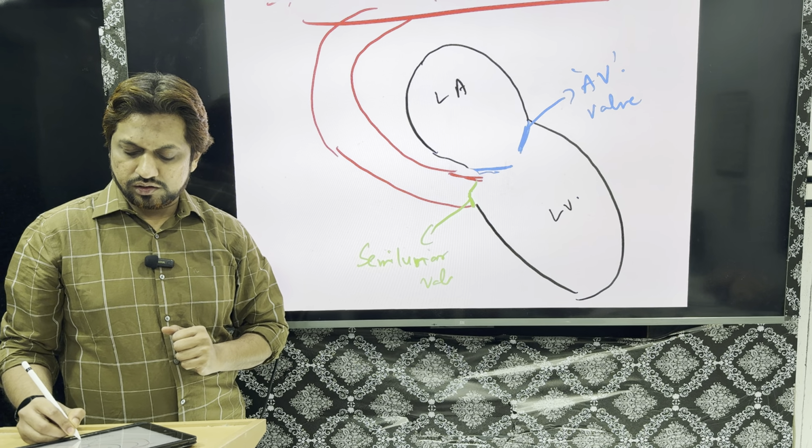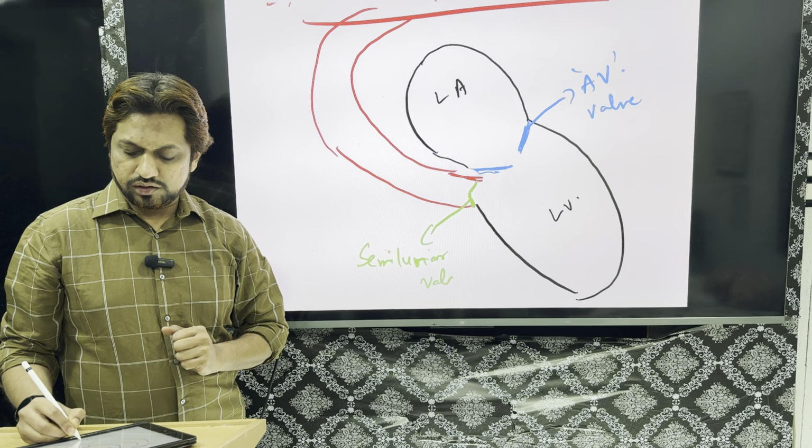Now in this isovolumetric contraction period, what happens is that after the atrial systole, the pressure in the left ventricle has increased. Because the pressure here is more compared to the atrium, the atrioventricular valves will close now.